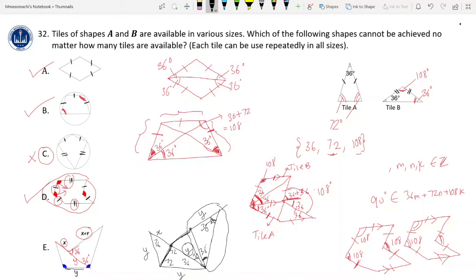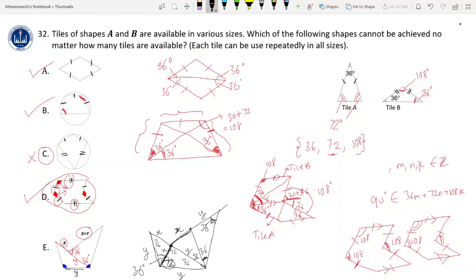Now we look at this angle here. Since this is tile B, and we marked out this angle here to be 72, we take away 72 from 108. So this angle here is 36 degrees. And this is also isosceles. So this base here is X, and since we just duplicated this triangle again, this base here is also X. Okay, so we see how we can form it.